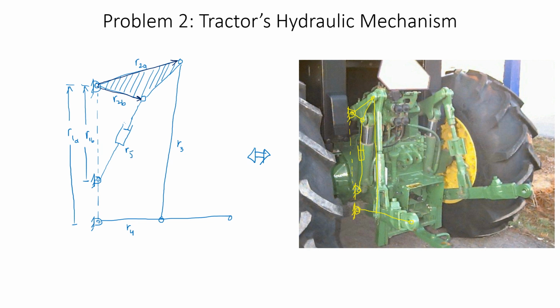Now on this line diagram, you can very easily see that you have multiple links, and the notation is quite visible. So what is going to be the path taken in order to write the vector loop equation for this mechanism?